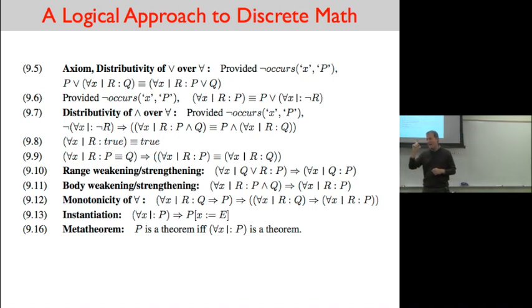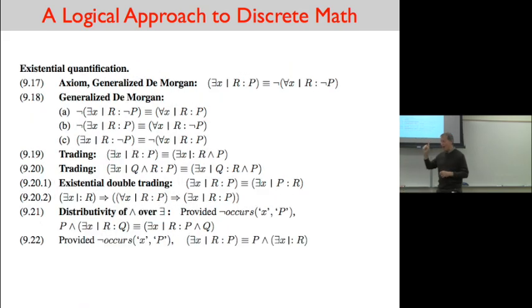And now we have one axiom. It's kind of like our golden rule for predicate calculus. What it does is it relates exists and for all. It's called the Generalized De Morgan theorem.